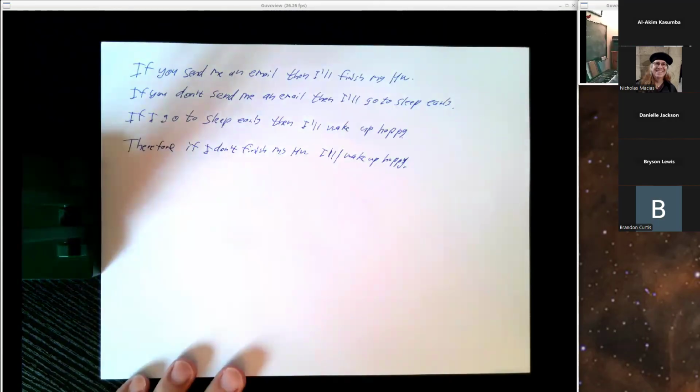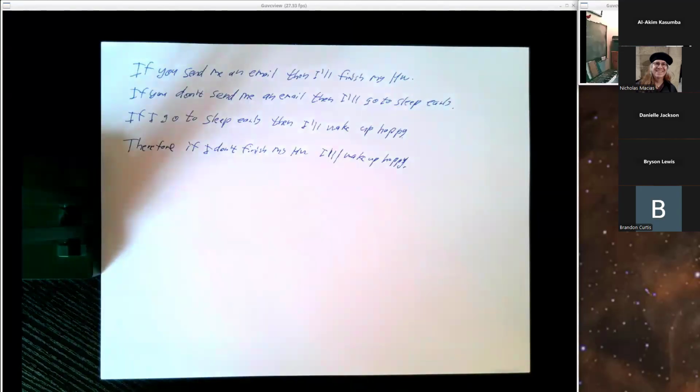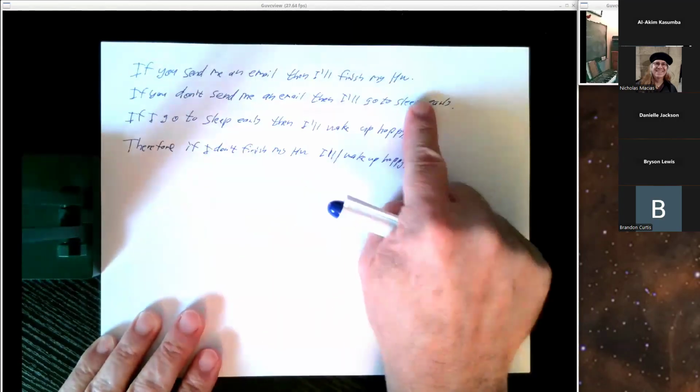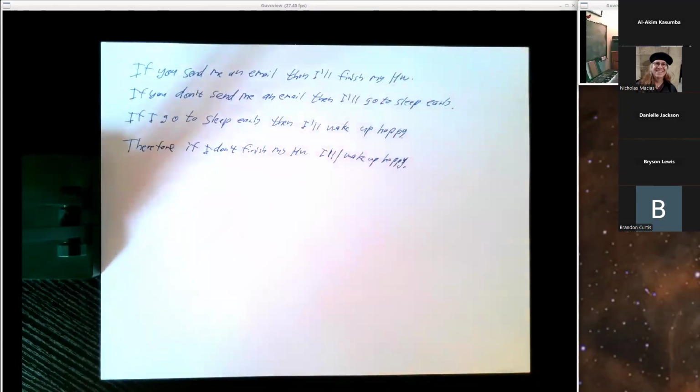Looking at this first sentence, what's a proposition that is a part of this larger compound proposition? Someone wrote email, if email, then homework. So that's what this first compound proposition says. What's a simpler proposition contained inside that?